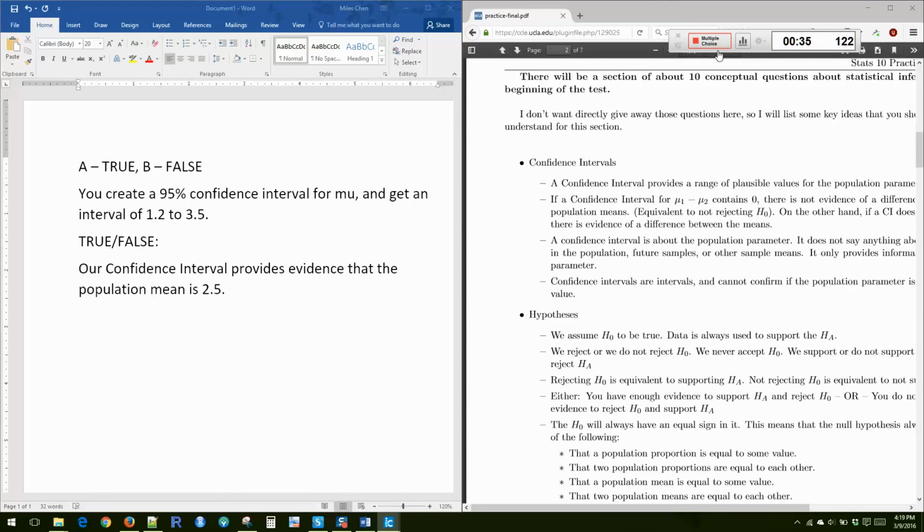Okay, let's get our clicks in. Confidence interval provides evidence that the population mean is 2.5. What do we say?